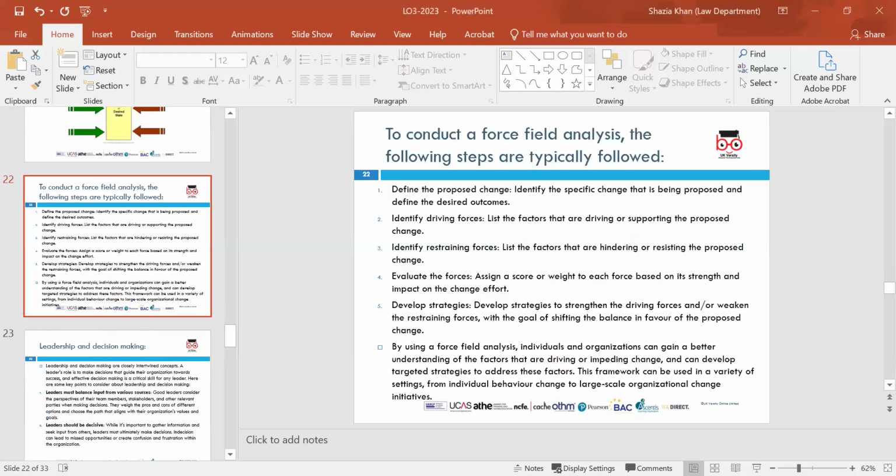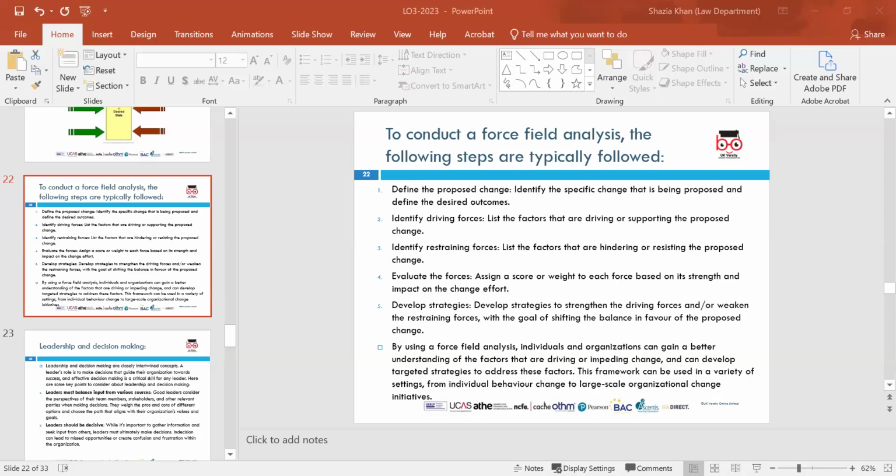To conduct a force field analysis, there are the following steps to look at. As we said, it's a decision-making and problem-solving analysis by Lewin, and he identified the key concepts: driving forces, restraining forces and equilibrium.